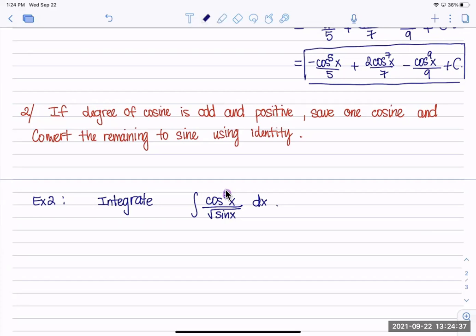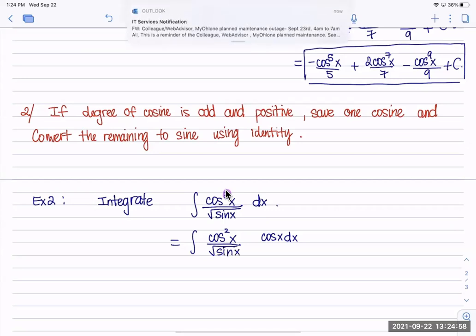We're gonna save one cosine. So the problem will become cosine squared times cosine x dx over square root of sine x.